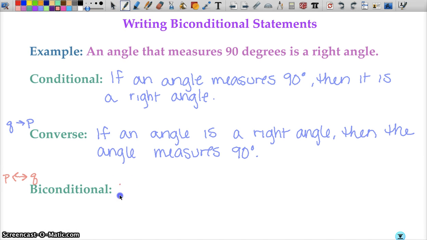To do the biconditional, we would say an angle that measures 90 degrees.